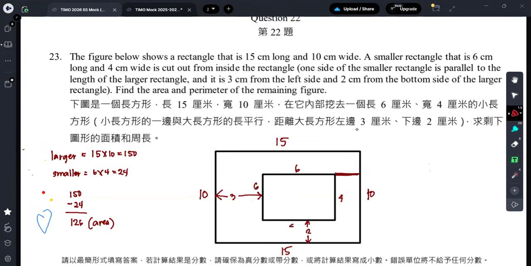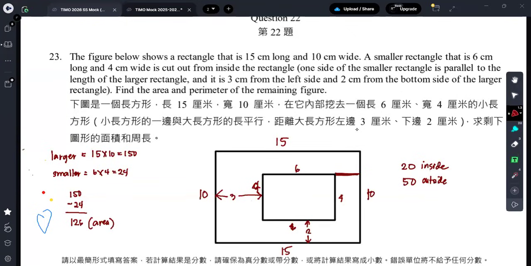This is 4. This is 6. So the perimeter of this is 6, 6, 4, 4. That is 20. The perimeter of the inside, right? What is the perimeter of the outside? The perimeter of the outside is 50.